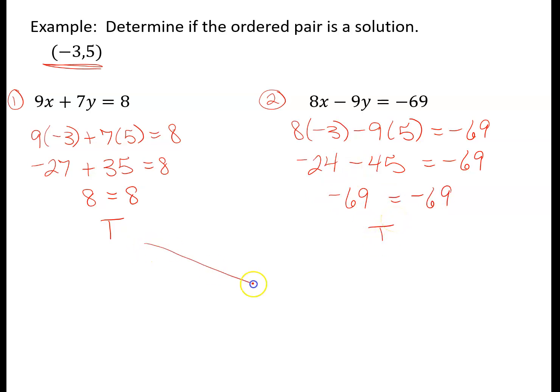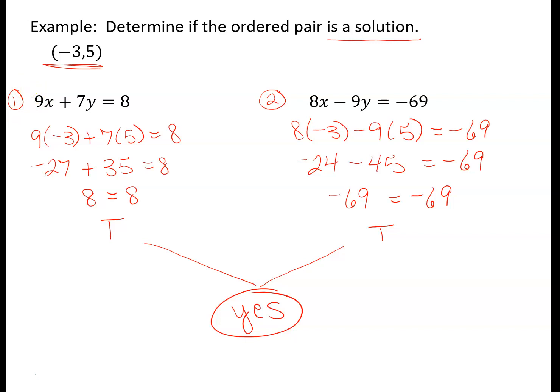So if it's true for all the equations, then we answer yes, meaning this ordered pair, negative 3, 5, is a solution to the system. Let's think about some other things that might happen when we do a problem like this. If we plugged into the first equation and it was false, we wouldn't even need to try the second.